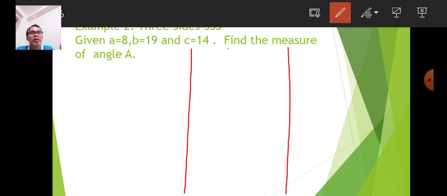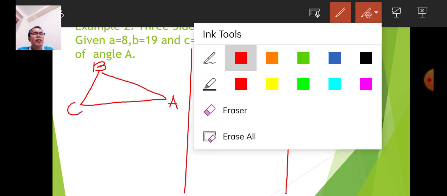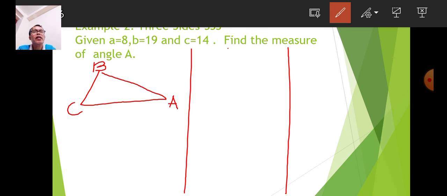If this is the triangle and this is A, B, and this is C, and we were given that A is 8, so this is 8. Then B is 19, so this is 19. And C is 14. We are told to find the measure of angle A.